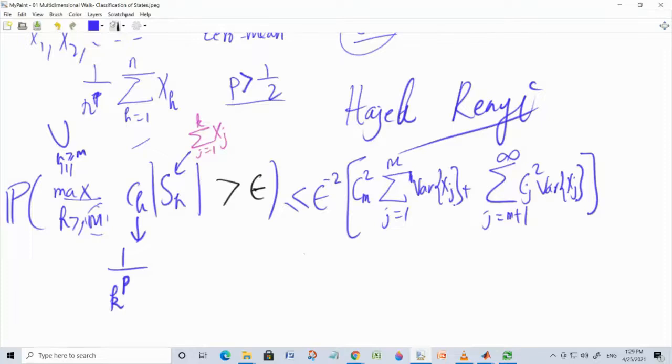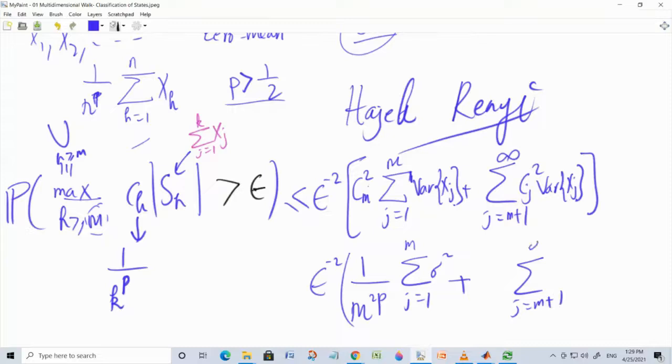So perhaps I can write those terms explicitly. c_m squared will be 1 over m to the 2p, and then we have the summation. All the variables in our case are identically distributed, so they have the same variance. The other term is the summation over j from m plus 1 to infinity, and c_j squared is 1 over j to the 2p, because we square, and then we have sigma squared.